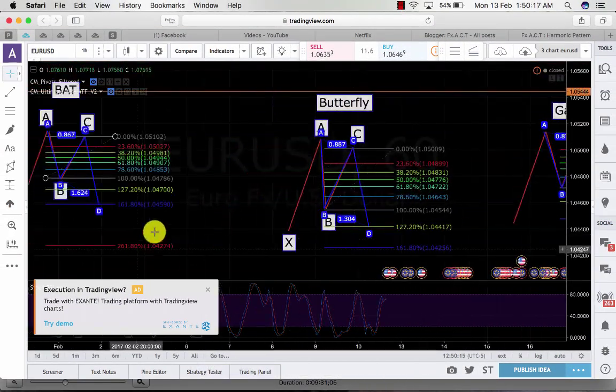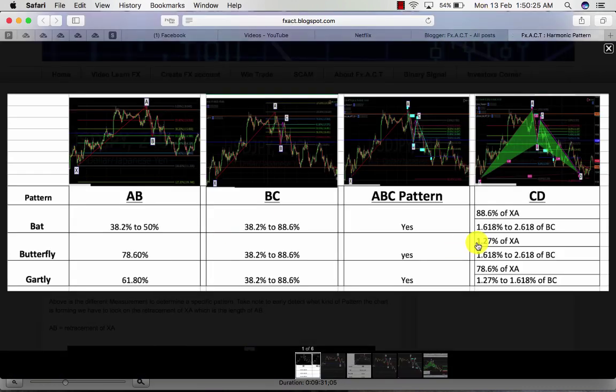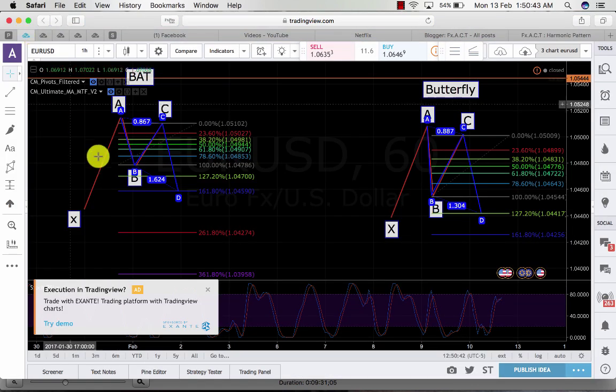pattern. Now, the requirement for the D, which is the completion of the pattern, for the bat, it says here that it will be 88.6% of XA and between 1.6, this is a typo error. Forgive me, this is a typo error. This is 161.8% or 261.8% of BC.